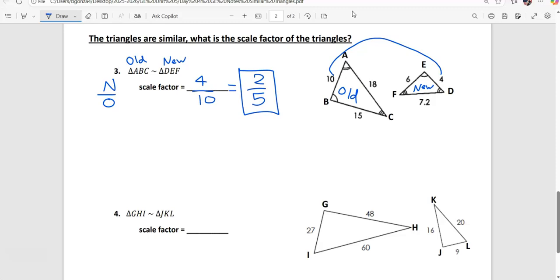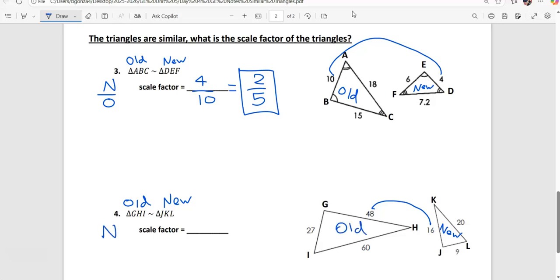So the first two letters are GH, and the first two letters are JK. So let's connect GH to JK. There's a corresponding side. We always go from the old to the new. So JKL is my new. The big one over here is my old.